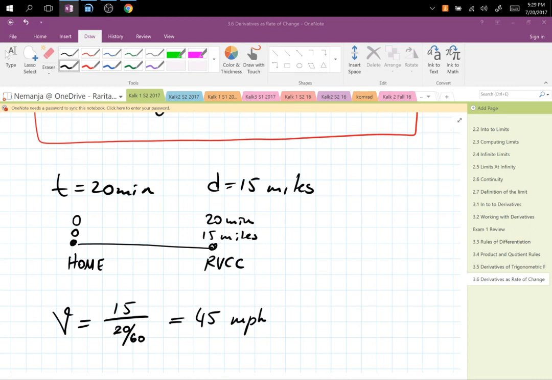But the speedometer, as you are driving, is constantly changing values if you are pressing either of the pedals. So the speed that you see on a speedometer is not average speed. Otherwise, it would just be at 45 all the time for this particular trip.